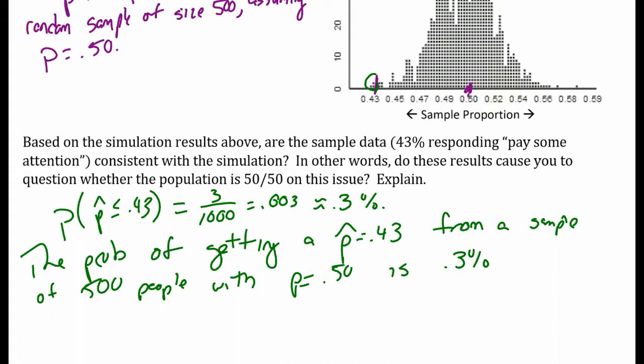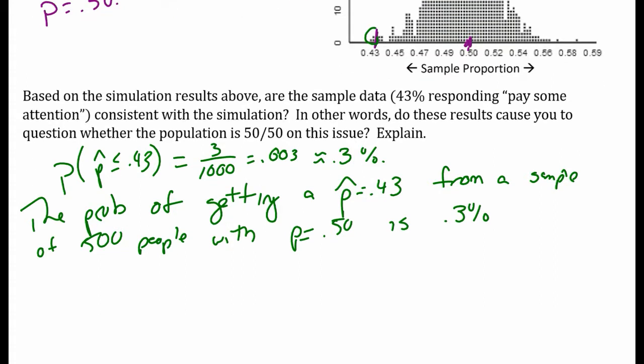So, is this consistent with the simulation? No, there's no way this is consistent. There's only a 0.3% chance that we get a sample with a p-hat of 0.43 or less. So no, it is not consistent with the simulation.